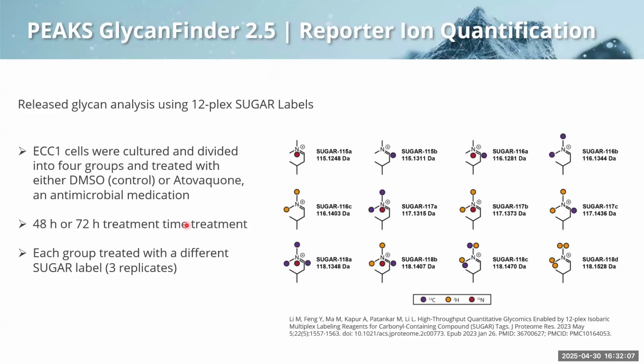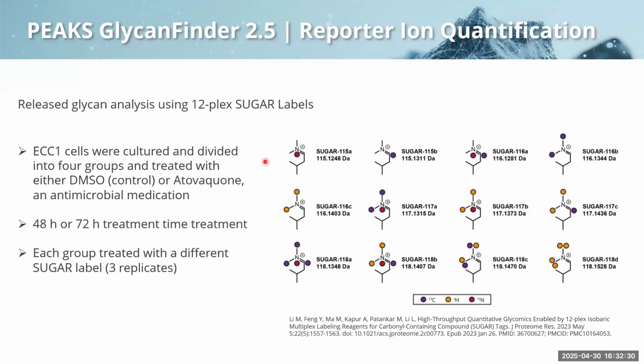So this is just an example. I ran some data in GlycanFinder where, again, developed by this group, they had these 12-plex SUGAR labels. I've just shown a picture so you can visualize the reagents that were used. In this experiment, ECC1 cells were cultured and then divided into 4 groups.